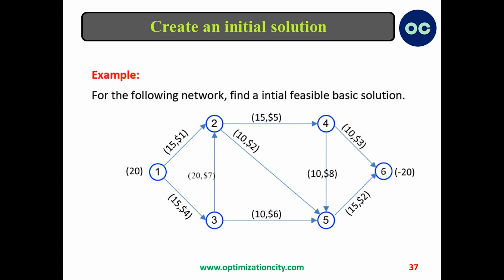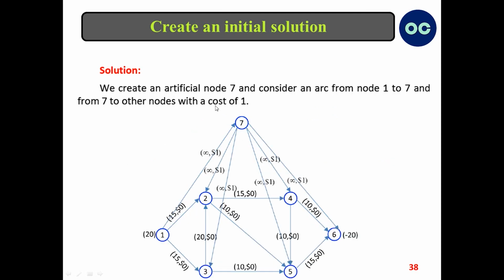To find an initial basic solution for the given network, we can follow these steps. We create an artificial node called node 7. Connect node 1 to node 7 with the cost of 1 and no capacity over arc 1,7.